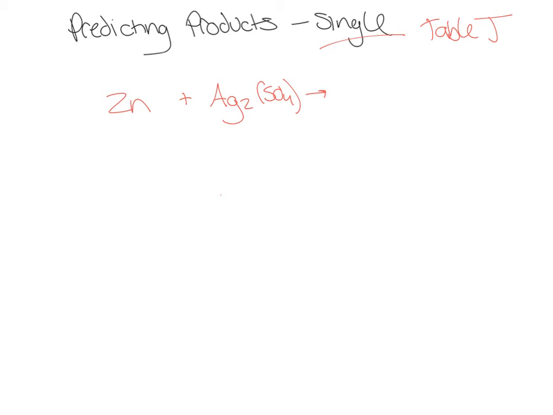I'm going to underline the 2 things that are in the same column, which is zinc and silver. I want to make sure that zinc is on top of silver, that this one is listed first and this one is listed second. If that's not the case, all I do is write NR, which means no reaction. However, here it is the case that zinc is above silver, so I do have a reaction.